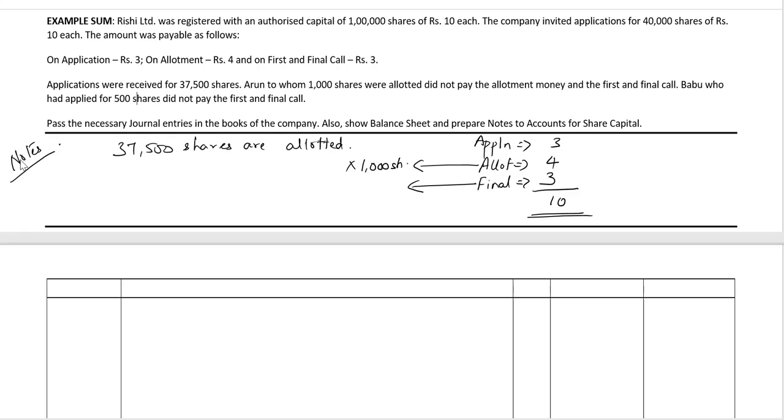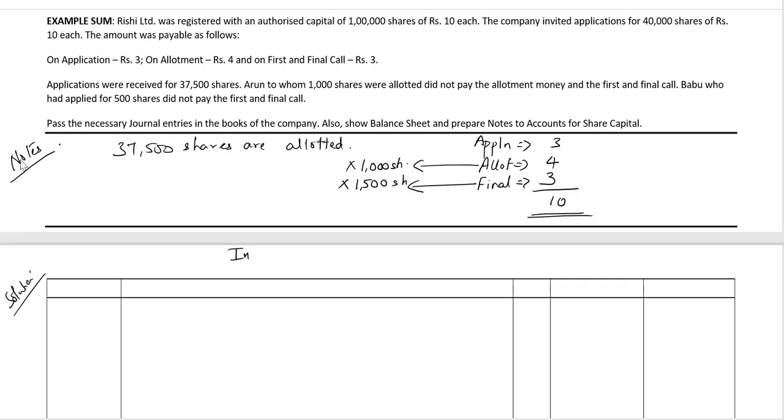And in the case of Babu, he has applied for 500 shares and he would have been allotted 500 shares, and Babu didn't pay the final call. So in the case of final call, we did not receive for 1,500 shares, 1,000 of Arun's and 500 of Babu's. So let's go ahead with the solution.